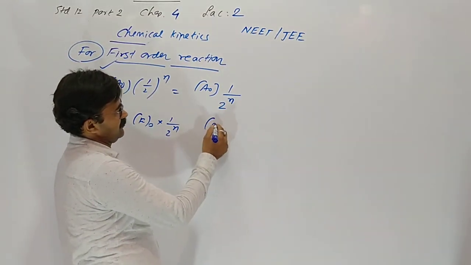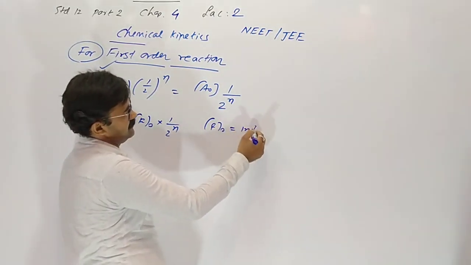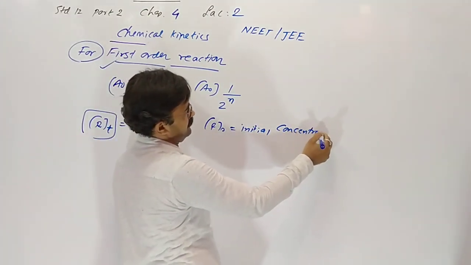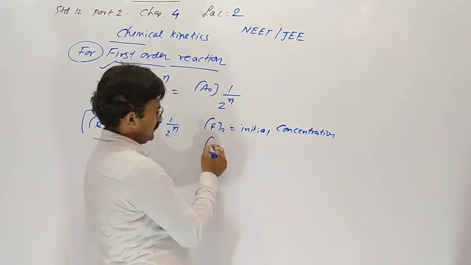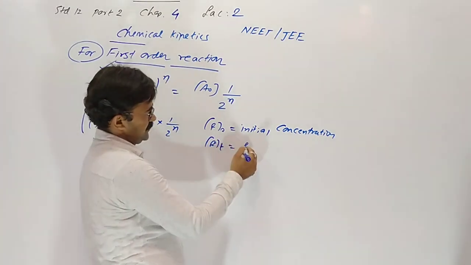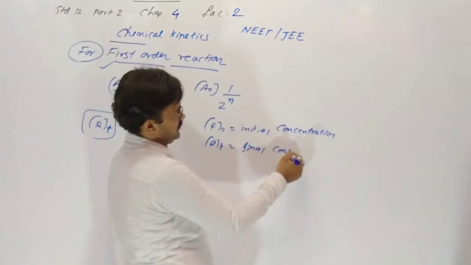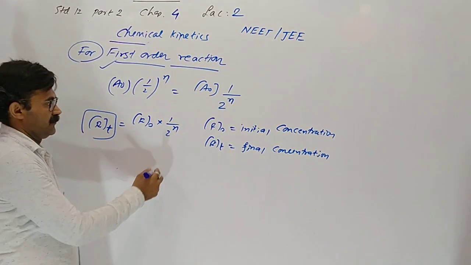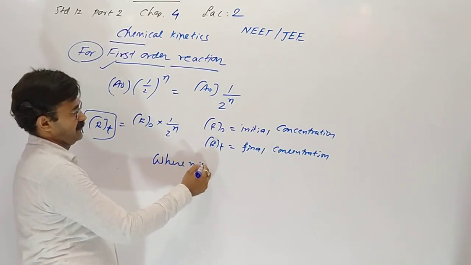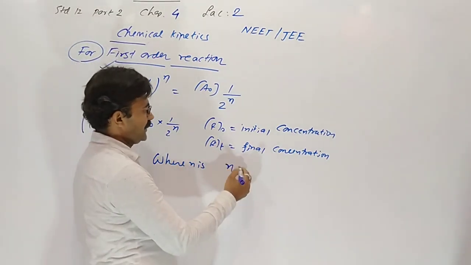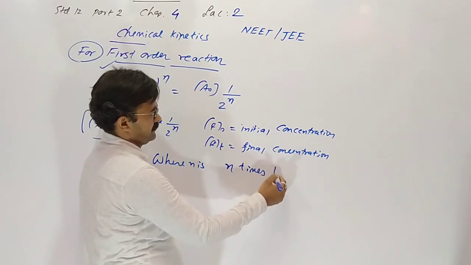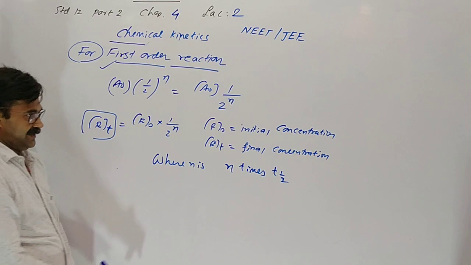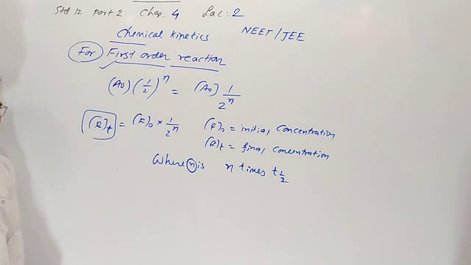Here R0 means initial concentration, and Rt means final concentration of the reactant, where n is the number of half-lives, n times t1/2.